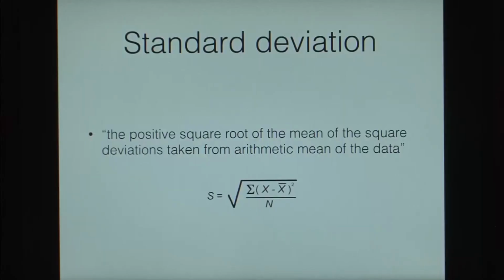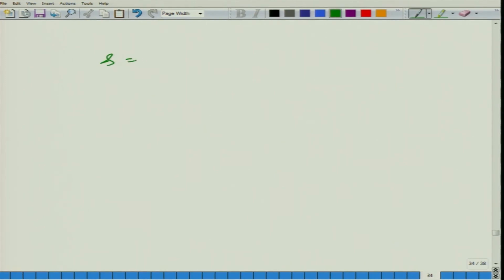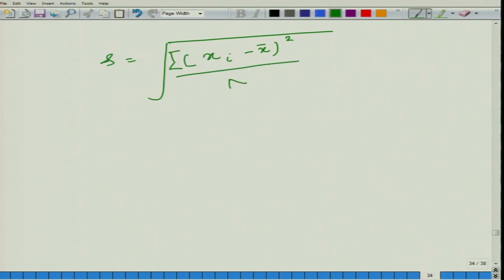Another measure of dispersion that is very widely used is the standard deviation. It is defined as the positive square root of the mean of the square deviations taken from the arithmetic mean of the data. That is, S equals the positive square root of the sum of xi minus x bar, the square of the values, divided by n.